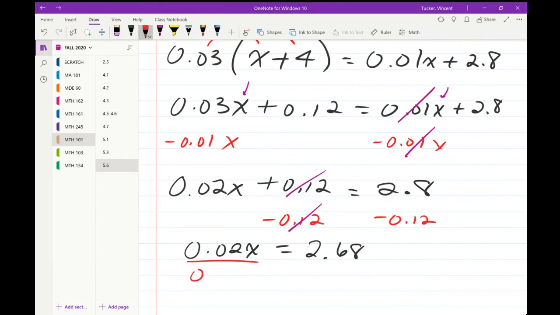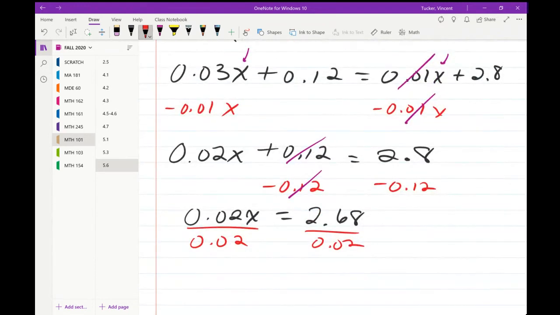Now we can finish it off by dividing both sides by 0.02. We cancel on the left. On the right, we got 134.